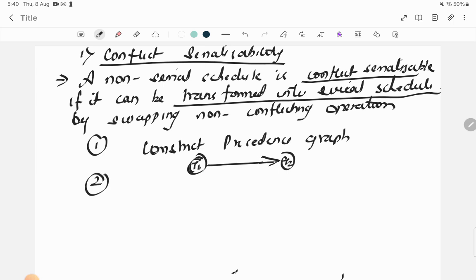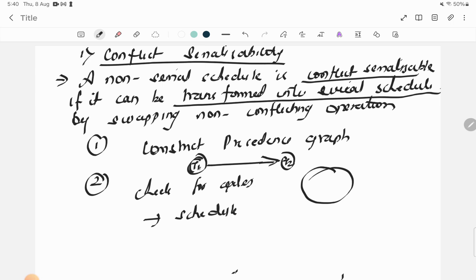Second, after constructing the precedence graph, we check for cycles. If there is a cycle in the graph, it means that the schedule is not conflict serializable, so we cannot convert it into a serial schedule.